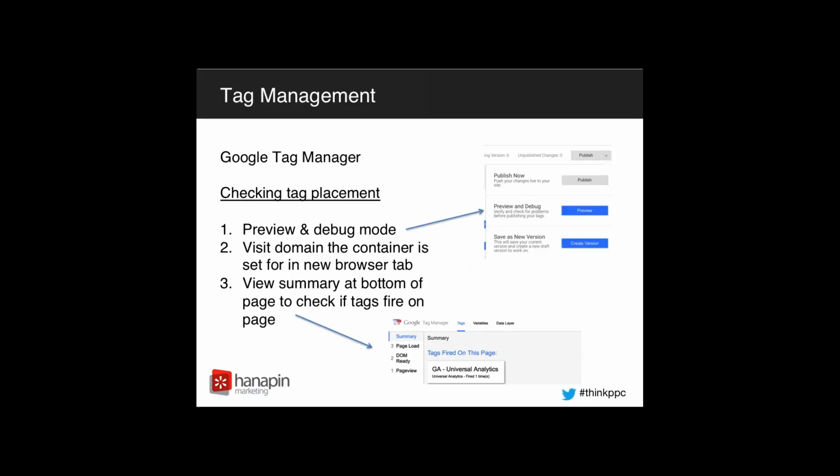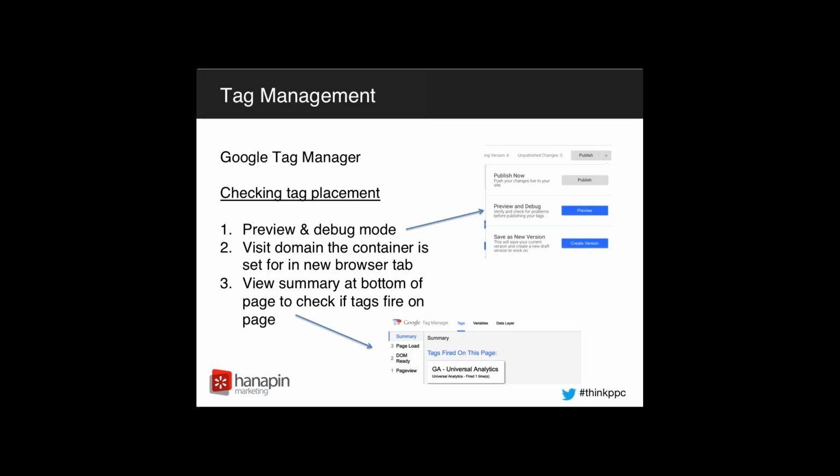Once the tag has been placed, what you want to do is check that it runs properly. To do this through Google Tag Manager, you'll navigate to the preview and debug mode. Once this is activated, all you'll need to do is visit the domain of the container that you've set for Google Tag Manager. So you'll open a tab in a new browser window and visit the site, and from there you'll be able to see exactly where the tags are firing.